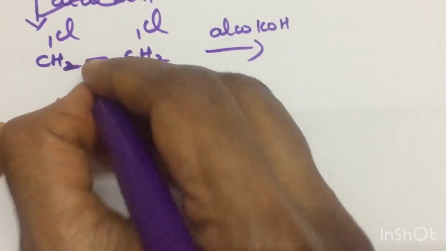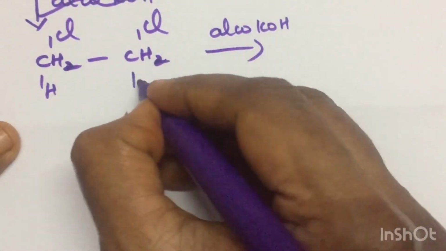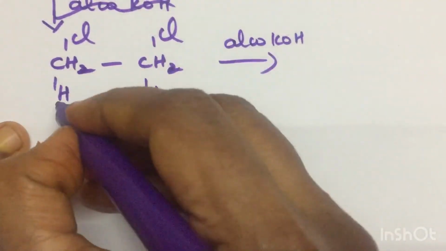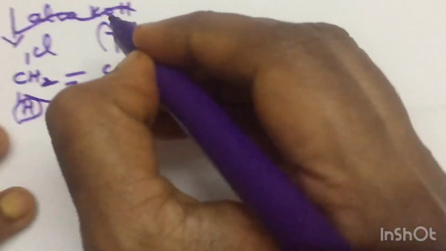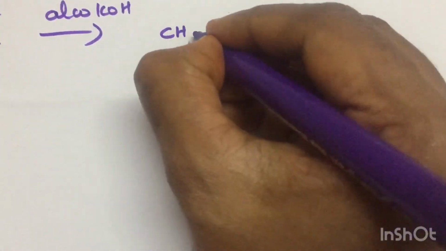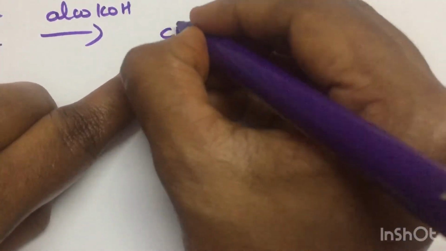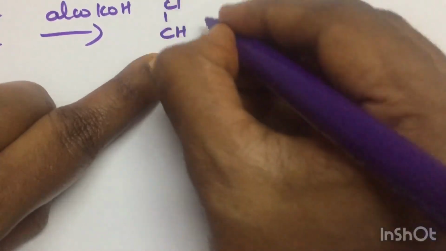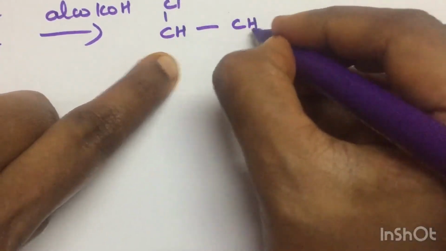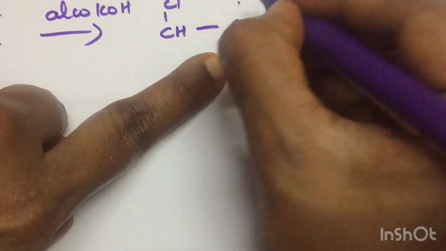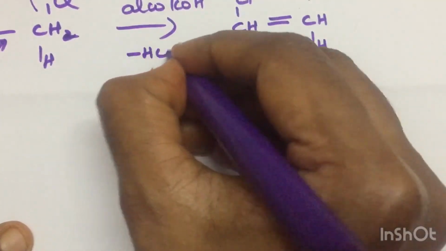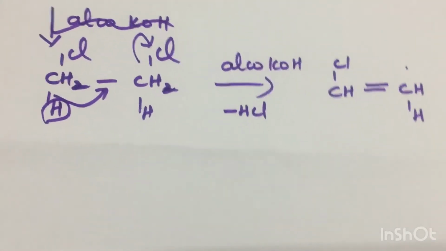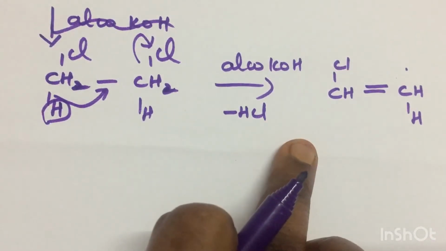One hydrogen I'm going to write like this. One hydrogen will be removed, and this is your first step. One hydrogen is removed from this carbon, you will have one chlorine here and one hydrogen here, and you will get a double bond here. Minus HCl. So elimination has taken place.